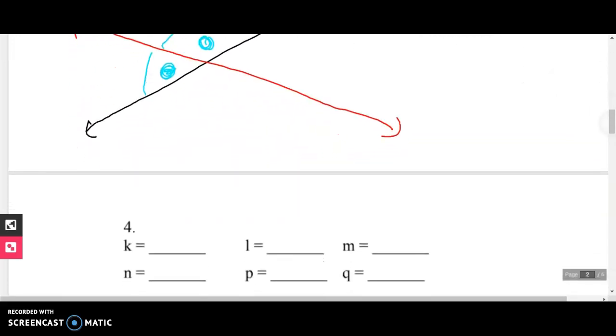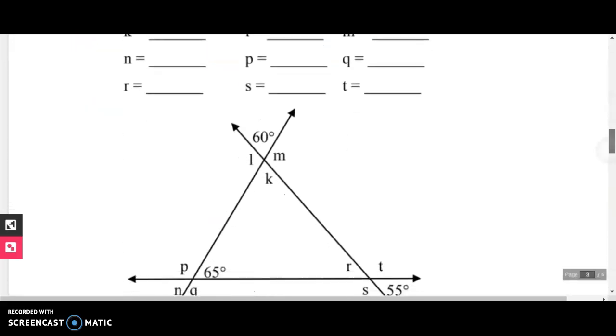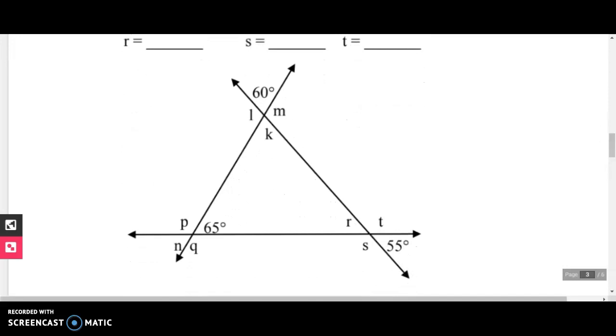All right, so on to a little bit of practice. We're going to start with this one right here, and I have to do very little math in order to solve this. The first thing is that up here, we have two lines that cross here and here.